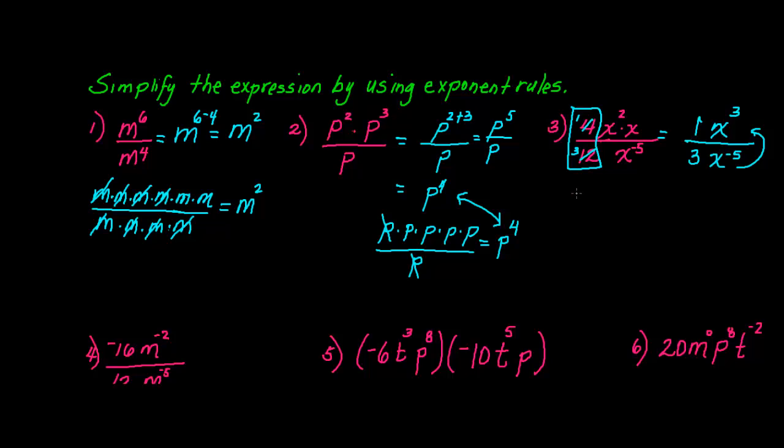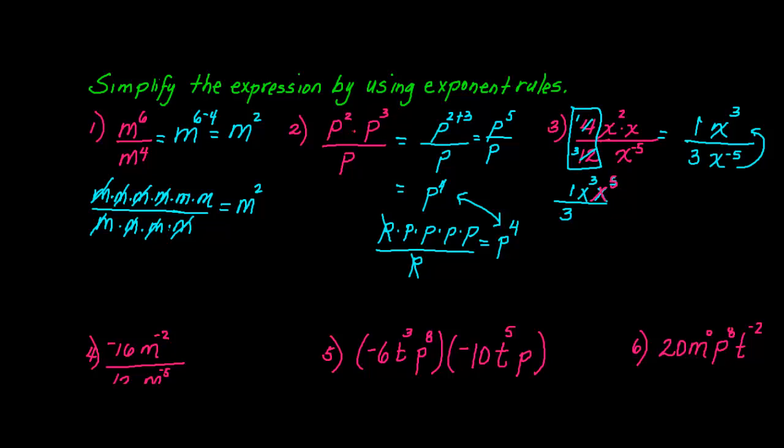So let's do that. I have 1 over 3. I have x cubed. And now I'm going to bring that x to the negative 5th power upstairs. But when I do that move, I'm really doing it so that my exponent becomes positive. So I moved it upstairs.